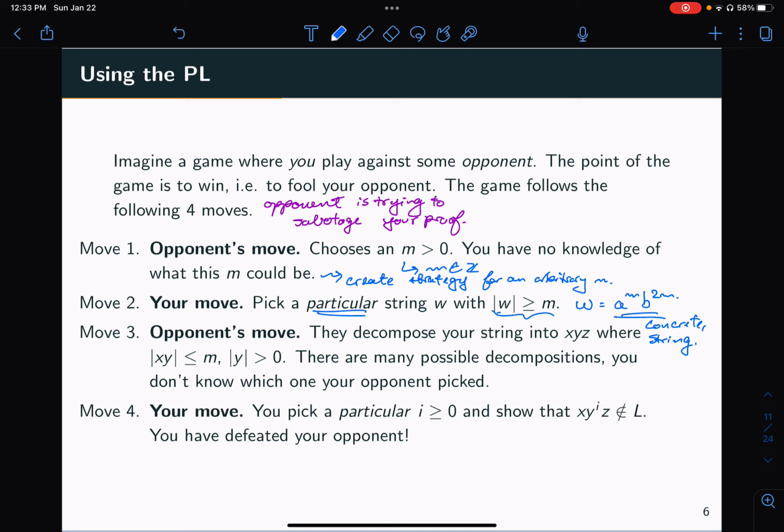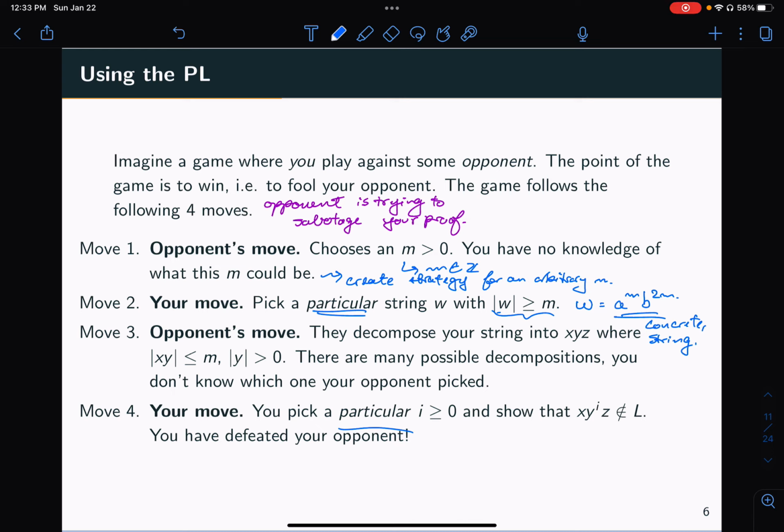Next, it's your opponent's move. What your opponent is trying to do is decompose your string such that they defeat you. They're very clever. They pick some decomposition where you can never find an I that, when you pump it, makes the string not belong to L. They're trying to use their best decomposition to fool you.